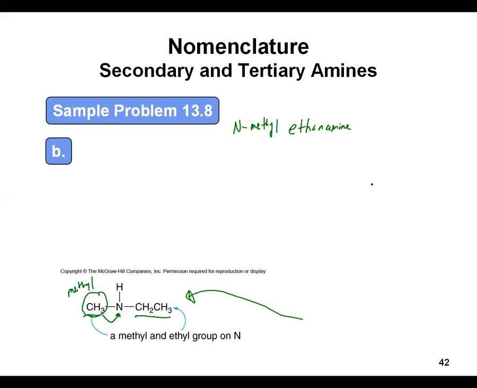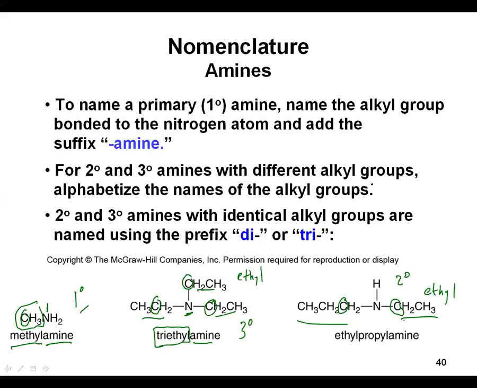So for example, this guy here, which is a little scribbly, the longest carbon chain on either side is 2. So again, the base of the name would still be that. But now what we would have is actually 2 ethyl groups attached to the nitrogen.